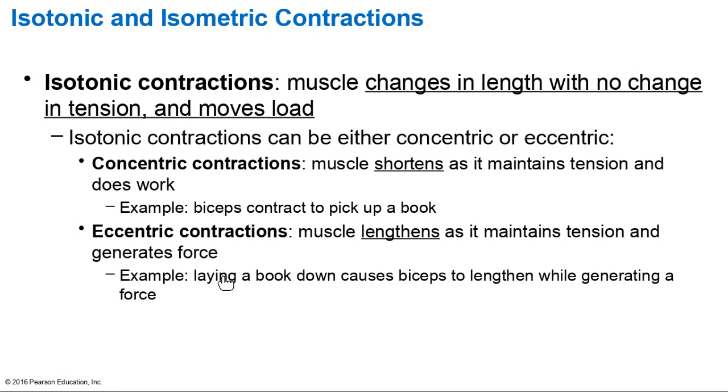You can practice this, and you will notice and feel that the biceps brachii, instead of shortening, is lengthening. But it is still considered a type of contraction where we are going to have a rise in tension. And then once we get that rise in tension, we will maintain the level of tension that is required to place that book down. So, two types of isotonic contraction: concentric and eccentric.